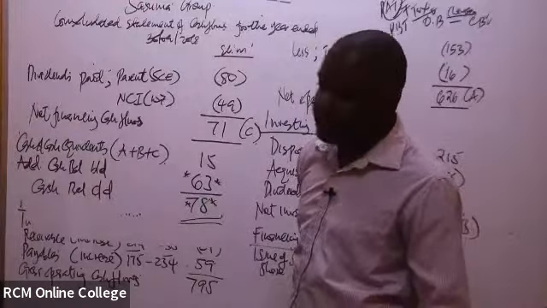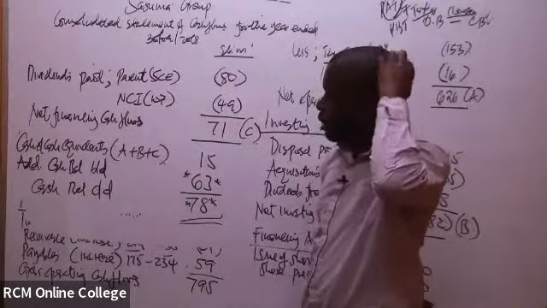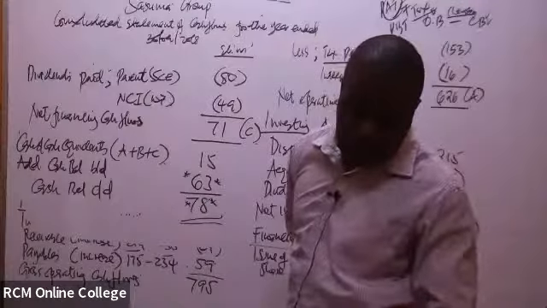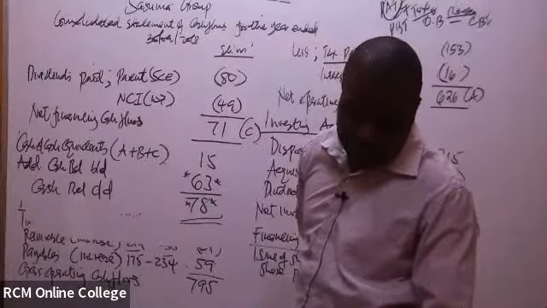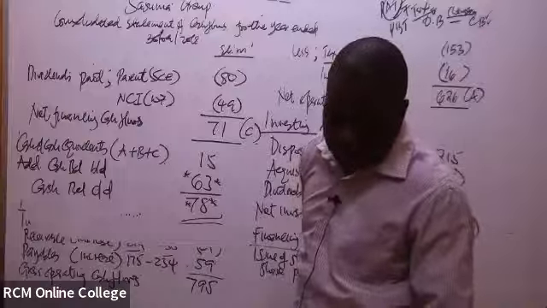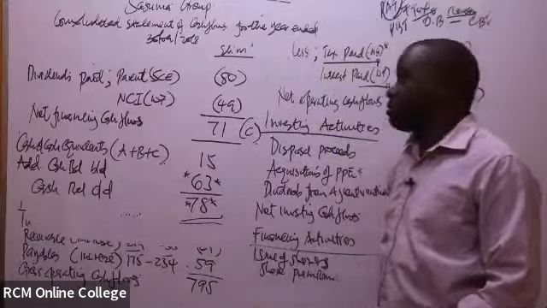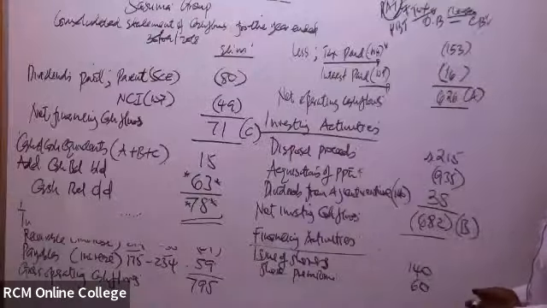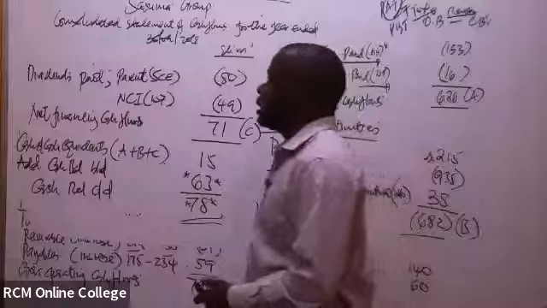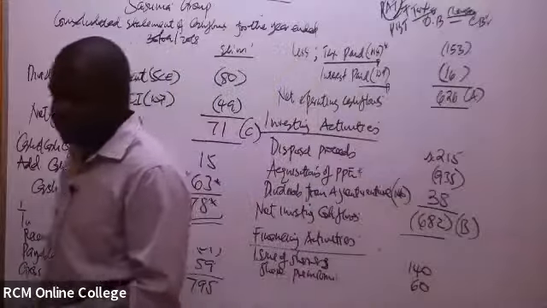Gain on disposal of assets: if you prepare the disposal account, you'll get the gain or loss on disposal, which you'll have to adjust under the non-cash items. Such adjustments, you have to be very keen about them. Ideally, that is why you come up with a group cash flow statement.